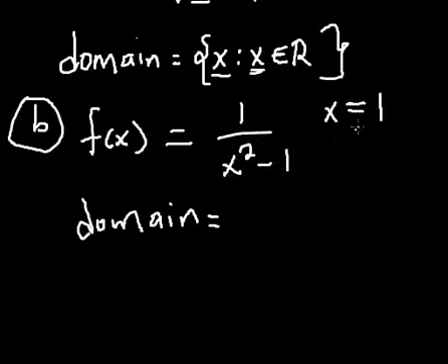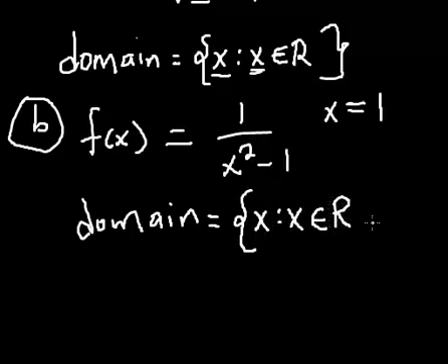Apart from x being equal to 1, every other real number I put in for x will be defined. So to write the domain the same way I wrote the other one: it is the set of x such that x is a member of all real numbers, but x shouldn't be equal to 1.